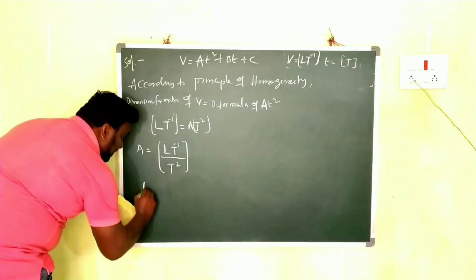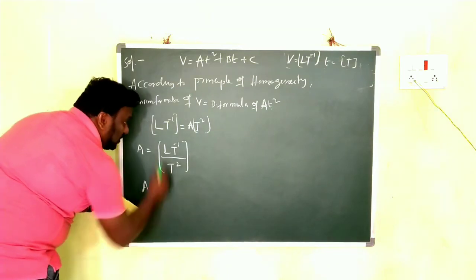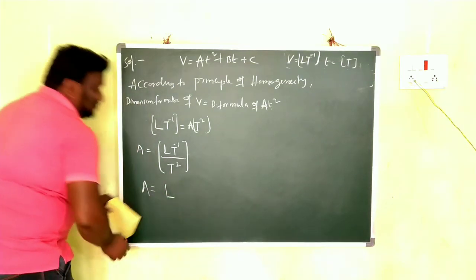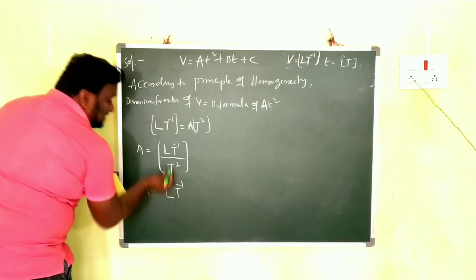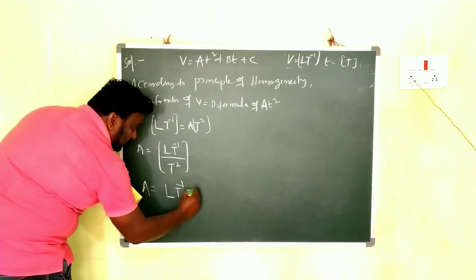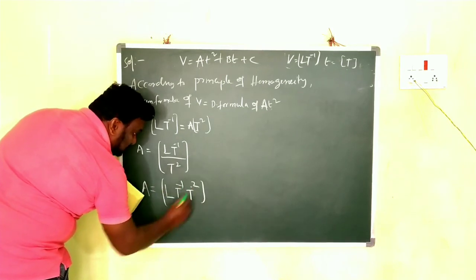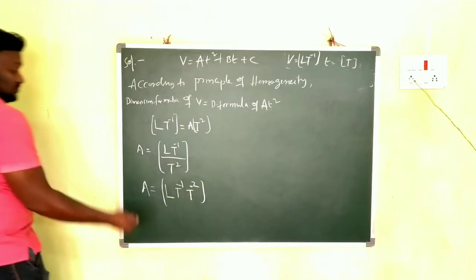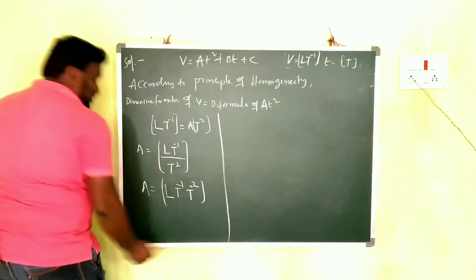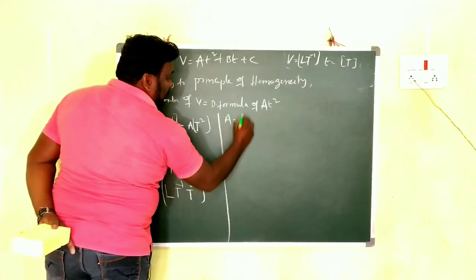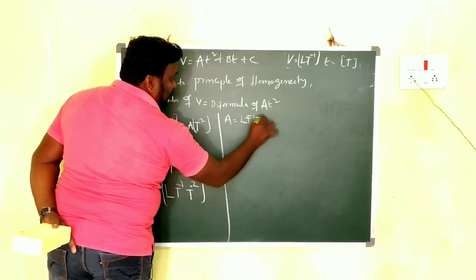Then what do we write, children? A is equal to L, T to the power of minus 1. And when it comes to the numerator, what do you write? T inverse 2. So here A is equal to LT inverse 1 times T inverse 2.